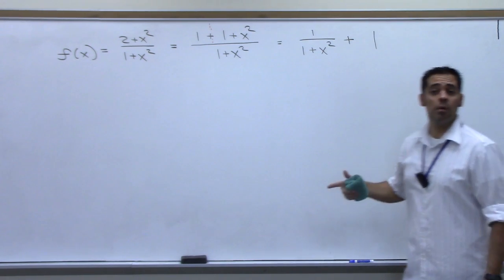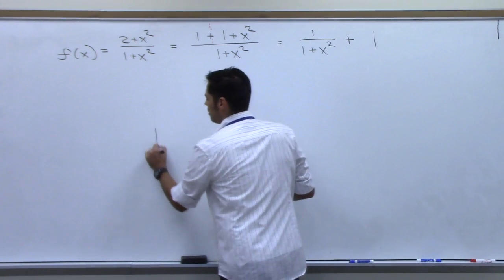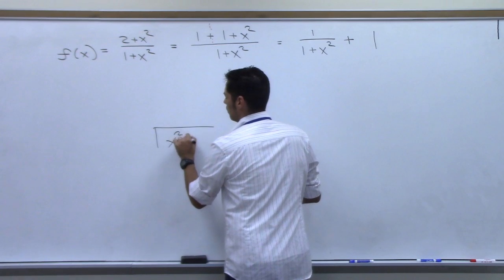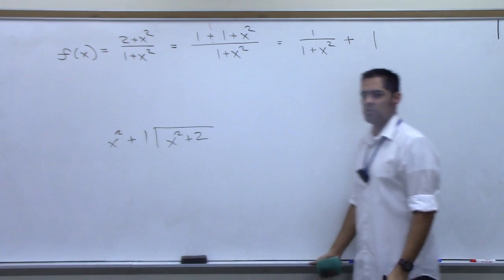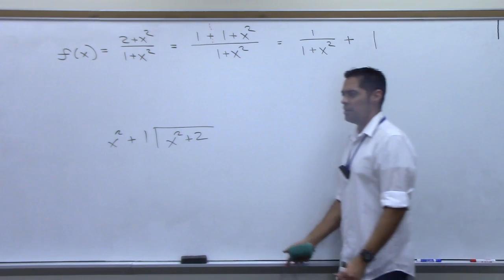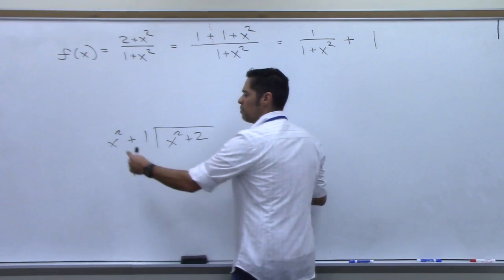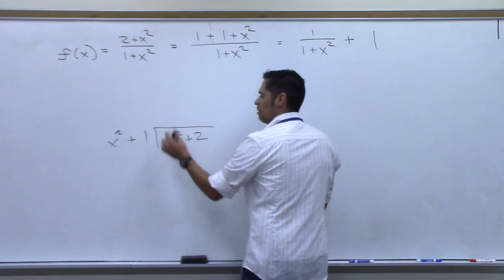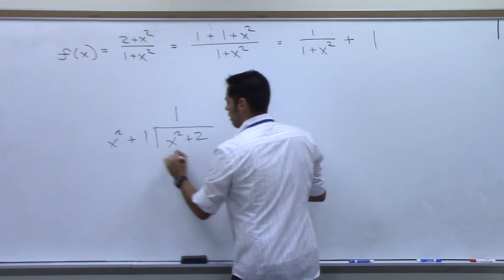Now let me show you another way you could have gotten to this, all right? If you didn't see that, you could have done this. Remember that? College algebra, long division. Right? So how do you do this? It's that divided by this, right? So what do you multiply x squared by to get x squared? 1. Then you do multiplication here, here.